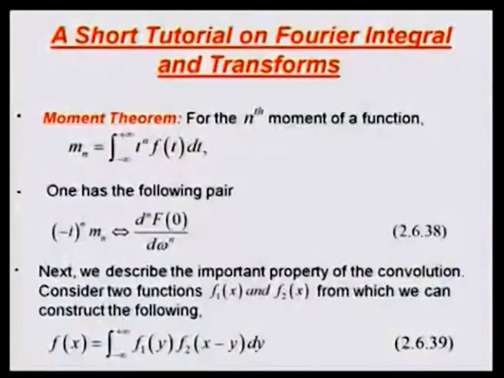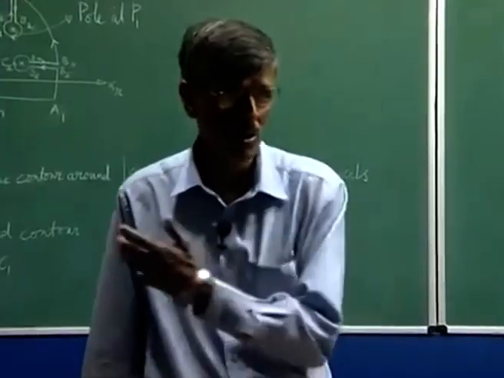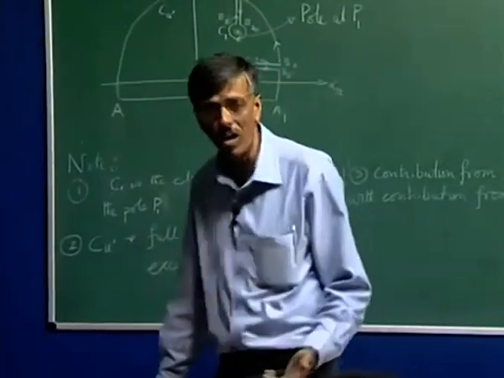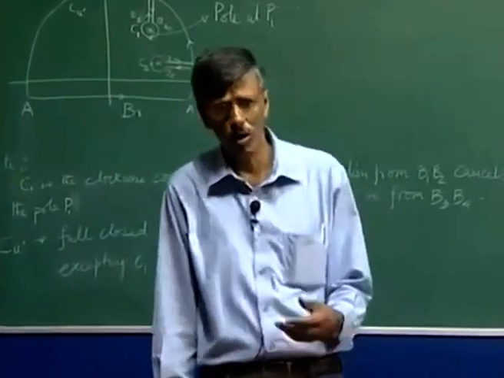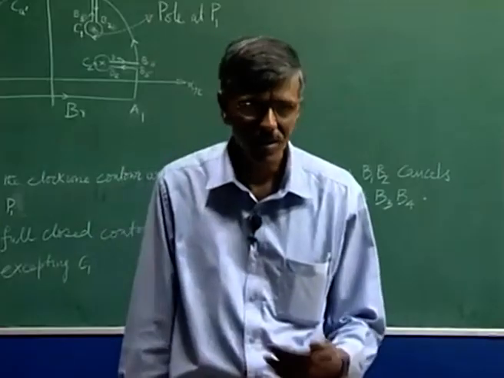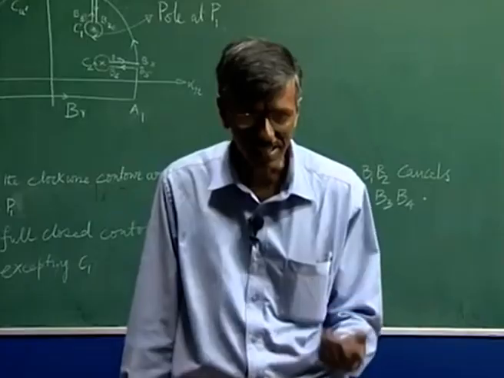So, this is quite often used actually for interpreting experimental data, especially in the context of turbulent flows. People try to figure out what the various moments are. What is the significance of moments in the context of a random signal? They will give you the various statistics, right?